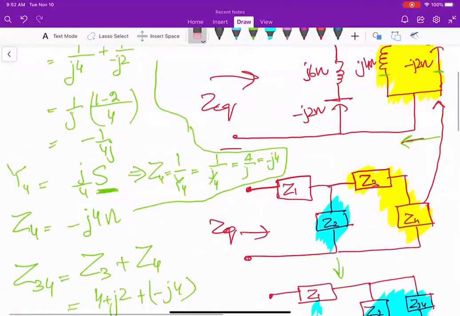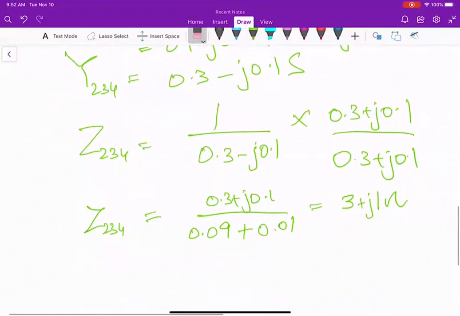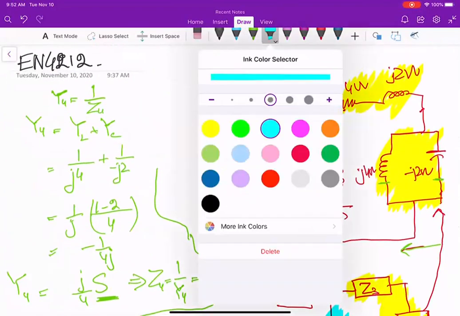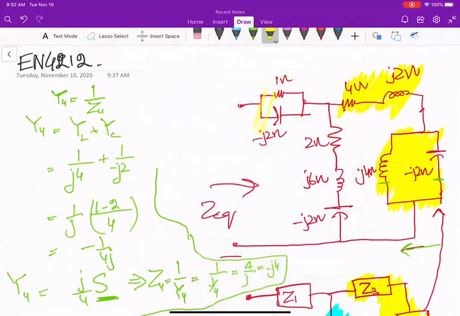Okay, now the point comes that if you see this, how should I deal with this?